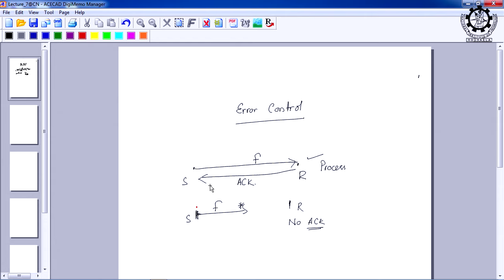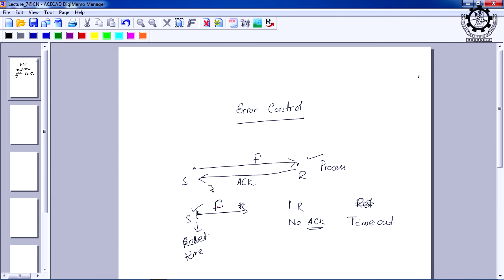So, till what time will it wait to receive the acknowledgement? There must be a fixed time till which the sender will expect the acknowledgement to come. Now, for this, whenever a frame is transmitted, the sender starts or resets a timer called the timeout timer.